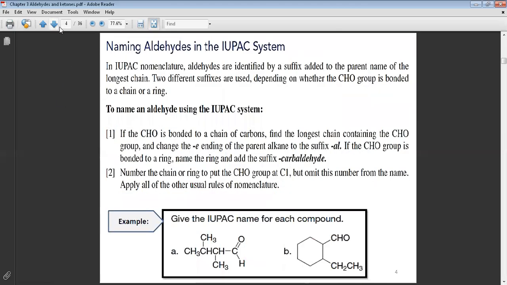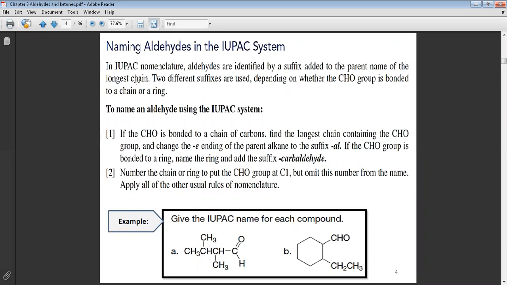Okay, now. Here we have naming aldehydes, also by the IUPAC system. We will take aldehydes and then ketones. In the IUPAC system, aldehydes are identified by a suffix added to the parent name of the longest chain.